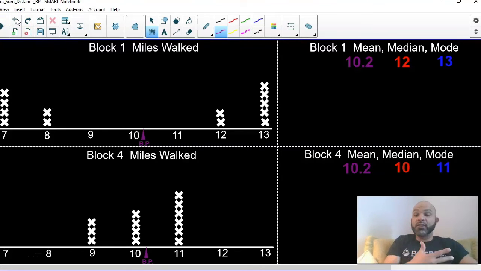Okay, so you had to use something else. And I'm guessing that most of you said block 1 because their median was higher and their mode was higher than block 4. And that would have been a very valid opinion, right? You could have definitely said that, right?